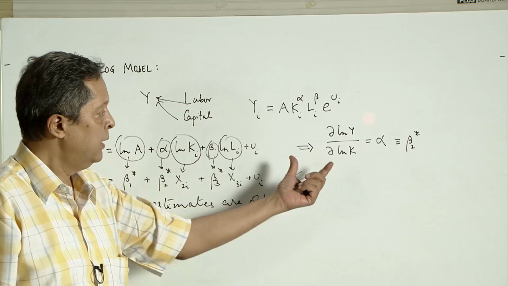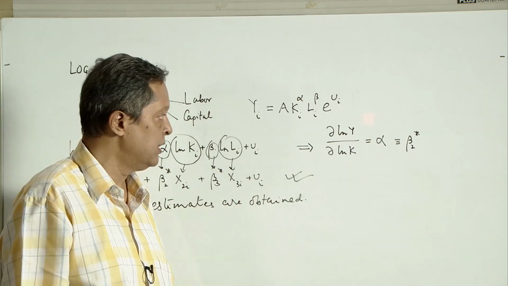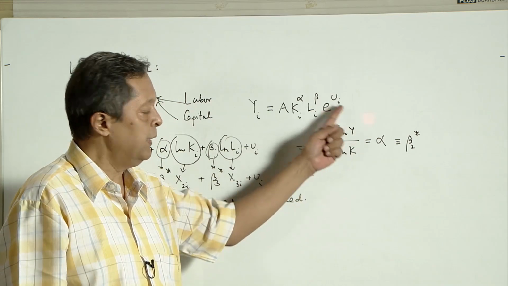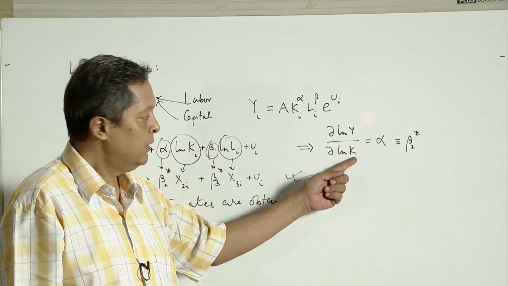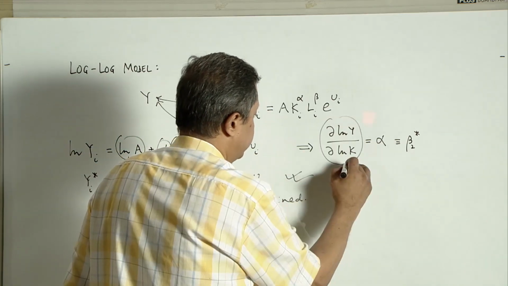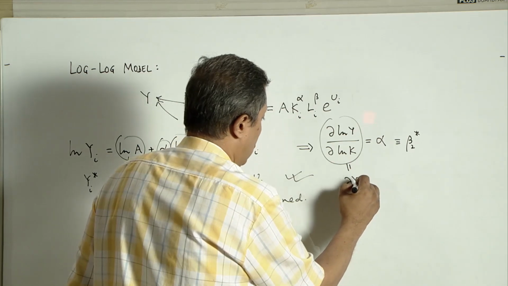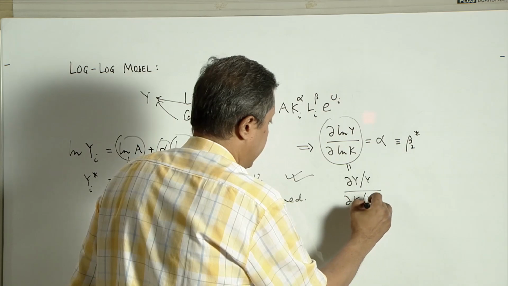So, this partial derivative has a very special significance in economics. If you evaluate the left hand side, del log y by del log k, this is equal to del y by y divided by del k by k.